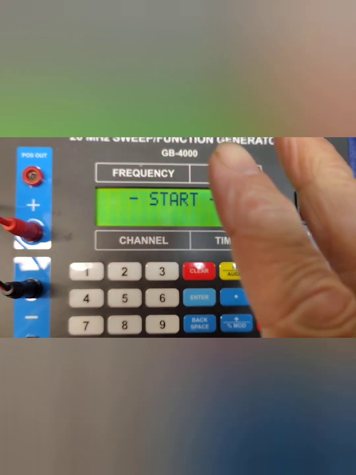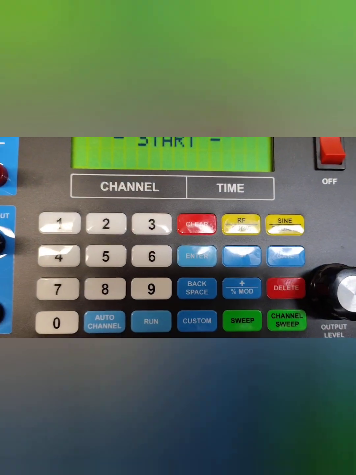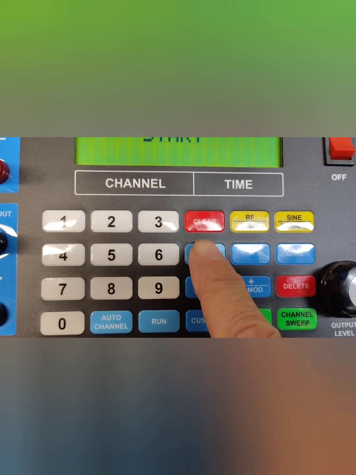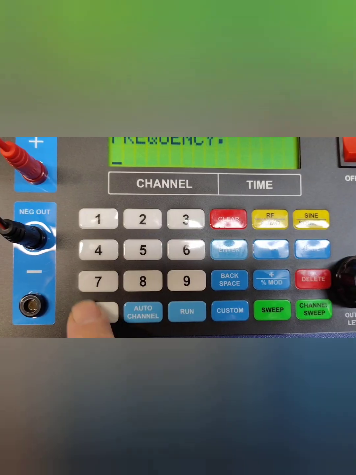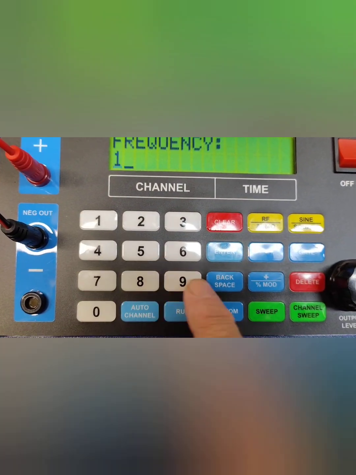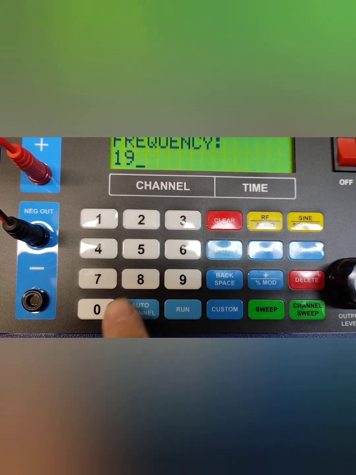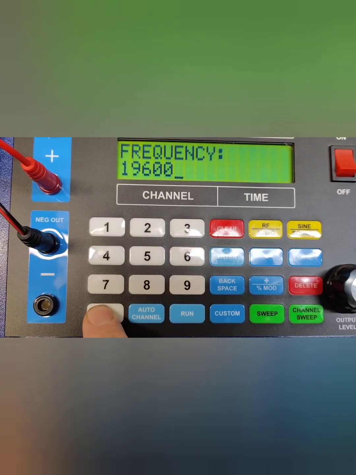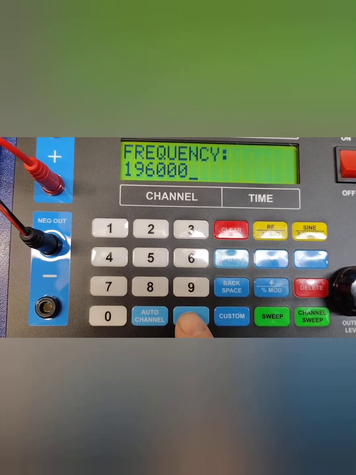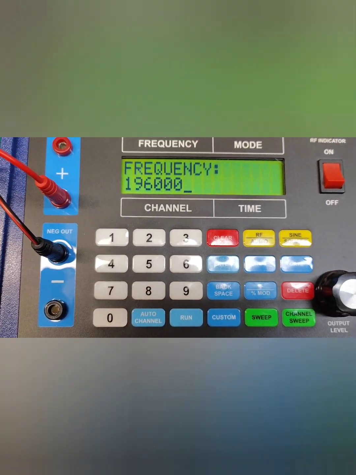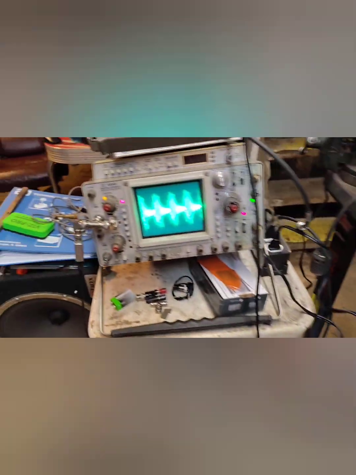Since we're in RF mode, the carrier is set. So we're going to enter in our modulation frequency, 196,000, and then run. Come over to the oscilloscope.